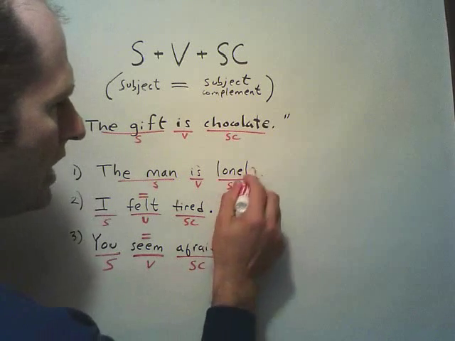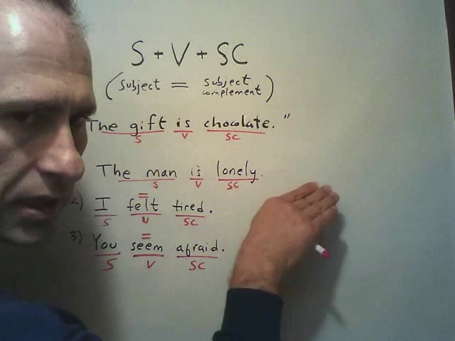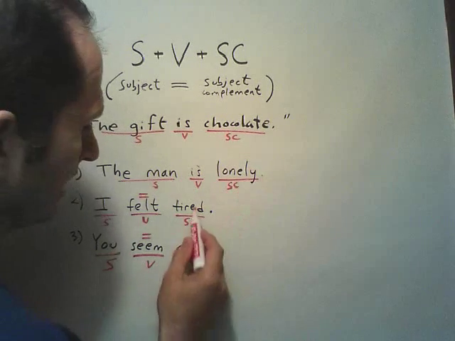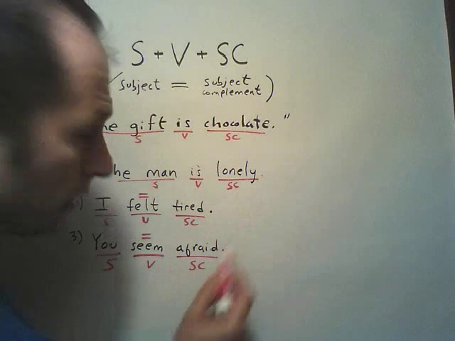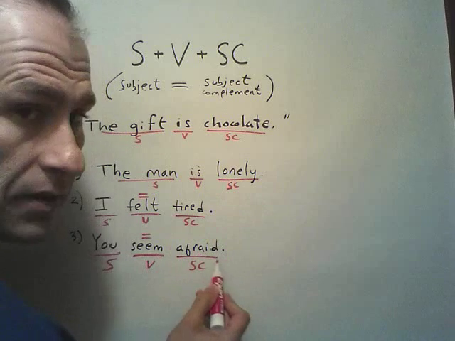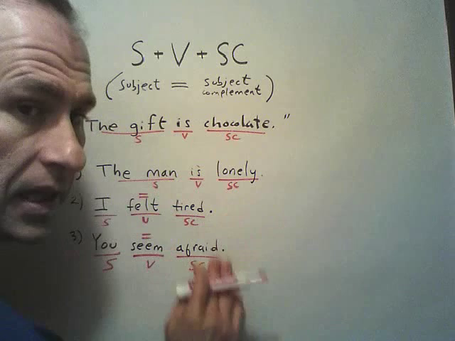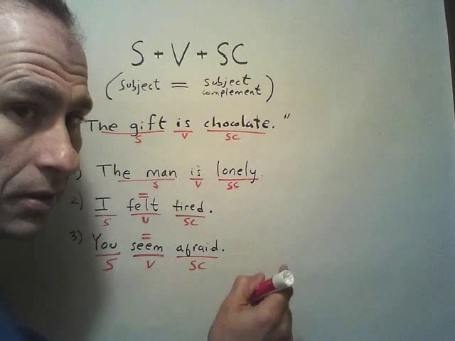I do want to point out that in different contexts, with different word groups, in a different sentence with different words around it, this might be an adverb, this might be a verb, or a past participle. We'll learn about that later. This might be an adjective. But here, we can call them sentence complements. Now later on, I'm going to make the point that a sentence complement is a noun.